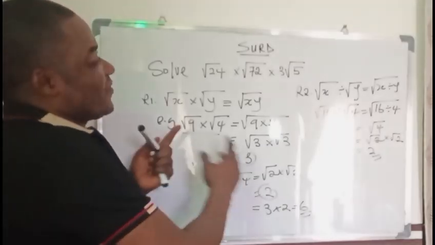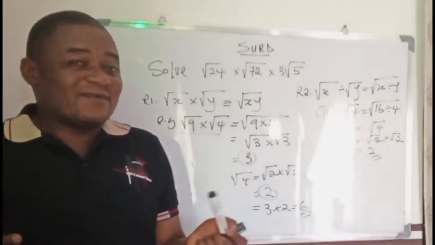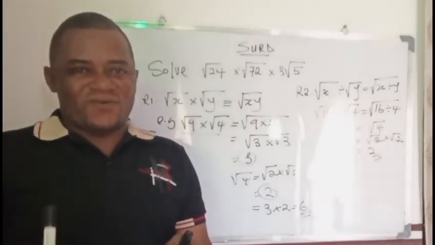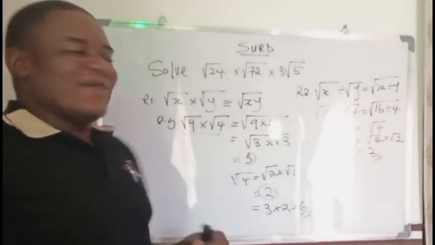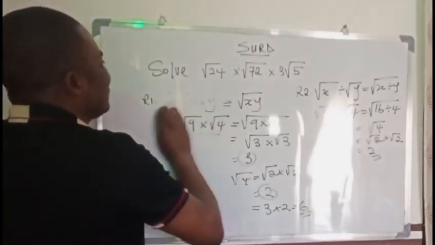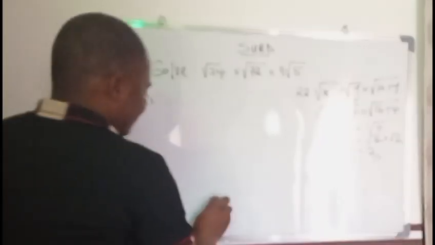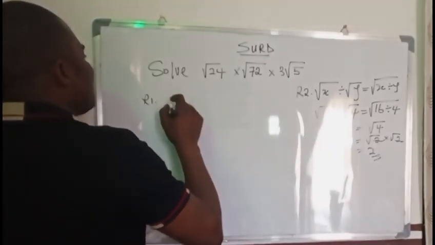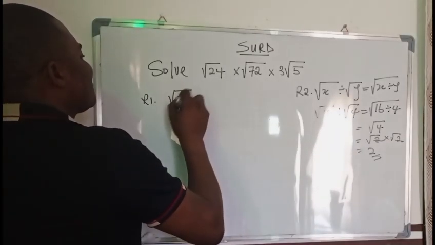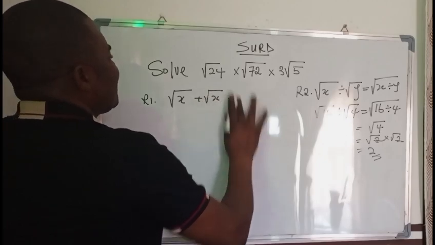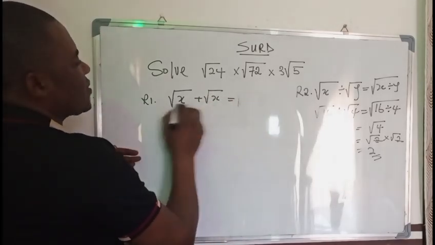I am introducing us to a few of these, believing that we do not have the background before we can solve this problem that we have facing us. Okay, now there is another type of rule that defines surds. You have a rule which says that when you have √x plus √x, this is simply 2 of the surds.